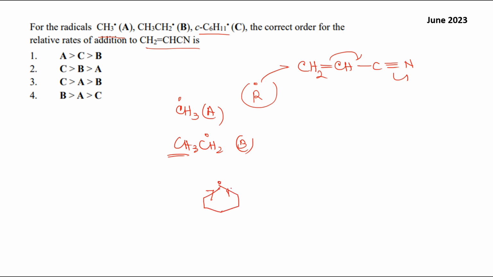From both sides here electron donation is possible. So the most electron rich, not just stable, will be C. So C will come first, because when electron richness is very high, this type of addition will be very favorable. So C will come first, then B, then A. Option 2 is the correct option.